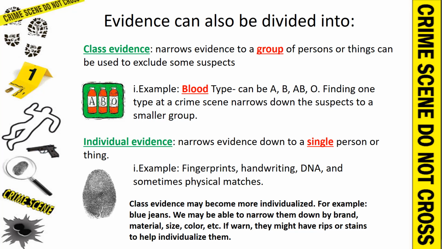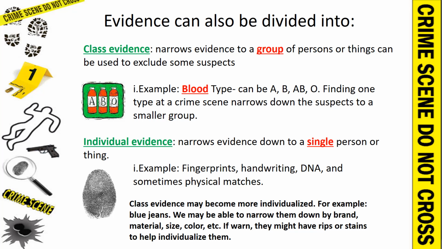Hair color, eye color, skin color, gender, weight, height, shoe size. All of these are examples of class evidence, and it doesn't have to be a physical characteristic. It could be a specific type of weapon, a specific size or caliber of bullet, a serrated blade versus a smooth edge blade, a specific type of car.